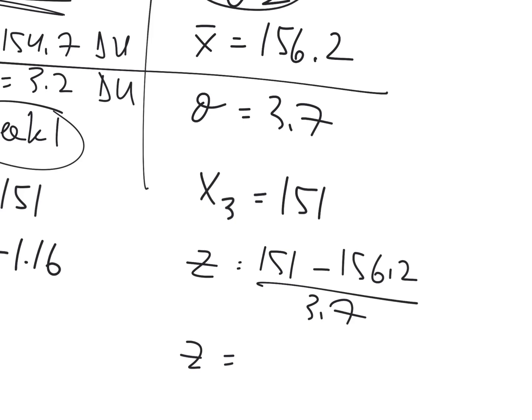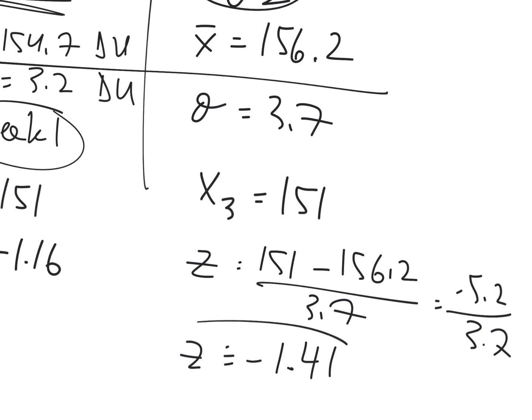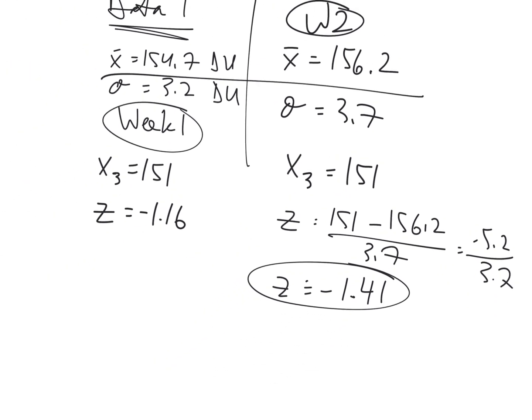So negative 5.2 over 3.7. And this becomes negative 1.41 approximately when you round it off to 2 decimal places. So you can see in week 2, the same thickness of the ozone layer is further away from the mean thickness. It's more to the left.